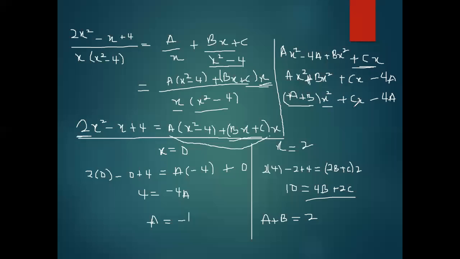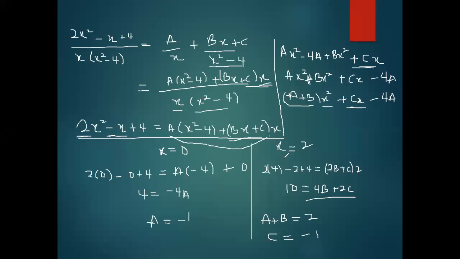And you see, we have cx here. This is only x. This is minus x. So the coefficient of x here, which is c, should be equal to the coefficient of x here, which is minus 1. So we have the expression c is equal to minus 1.